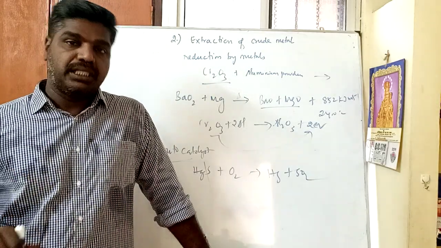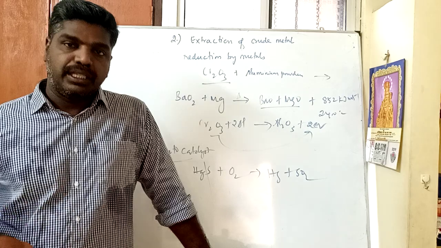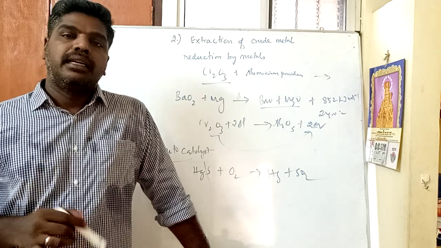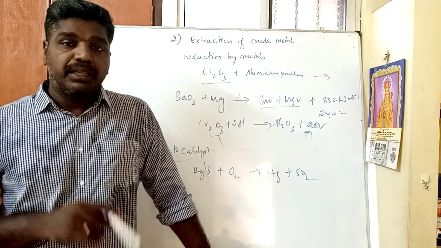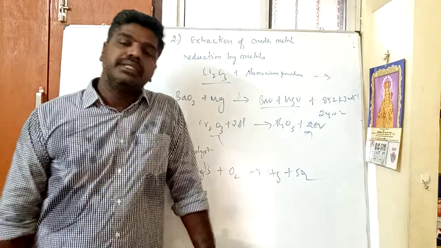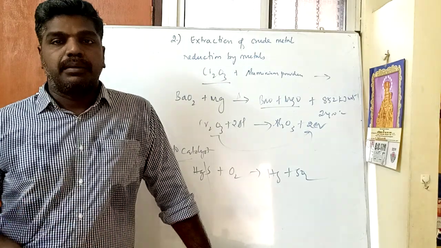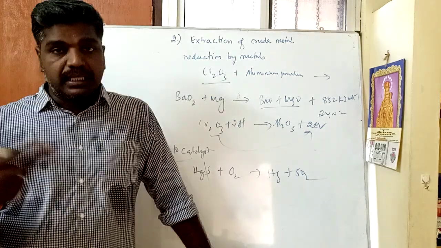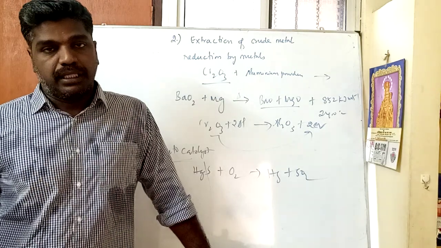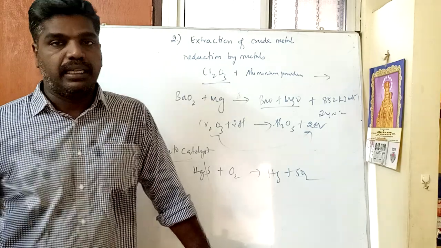There are many processes: smelting and the electrolytic method. In smelting, we have seen that reducing agents like carbon, hydrogen, carbon monoxide, even some metals, reduce metal oxide to metal. We have seen this very clearly.